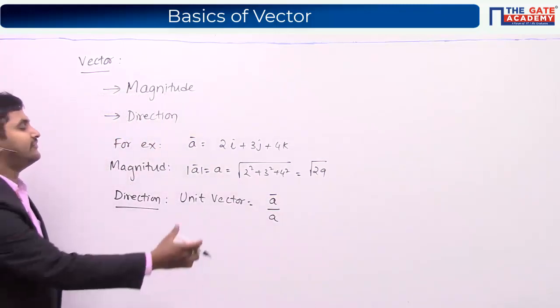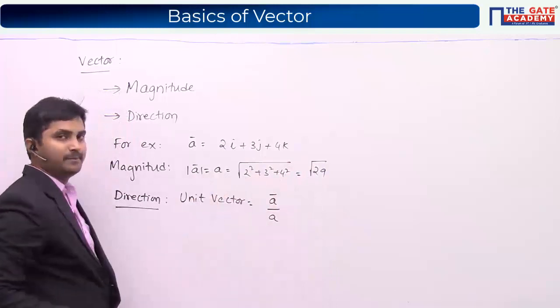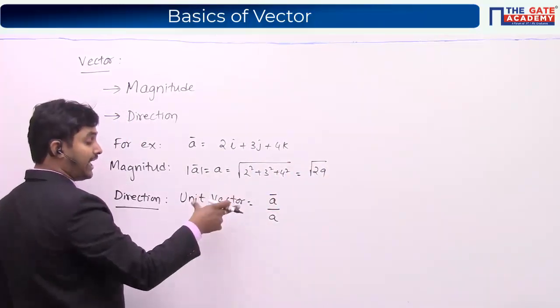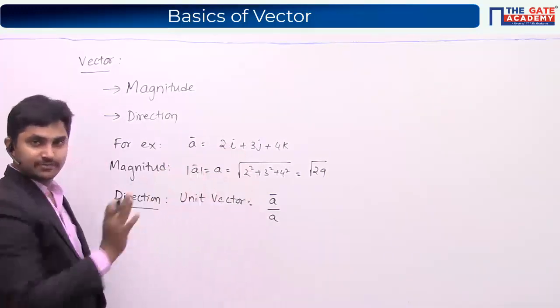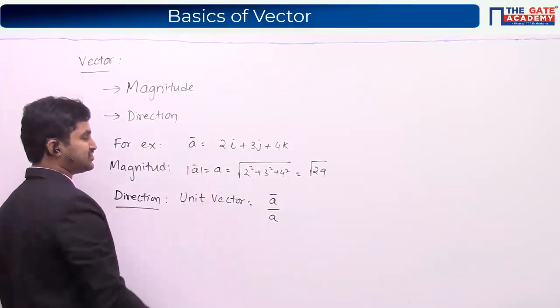You divide the vector by its magnitude, so the total magnitude now becomes equal to 1. Now this unit vector will help you to designate a particular vector's direction.